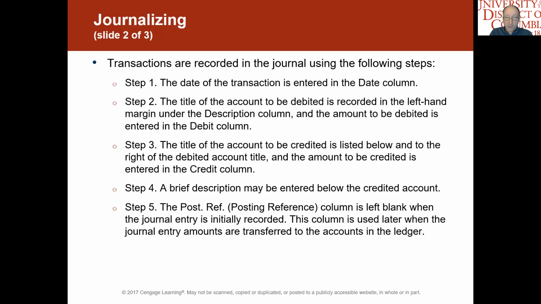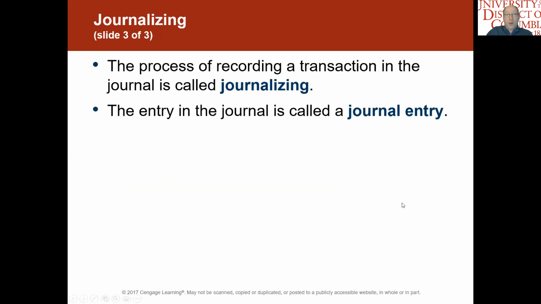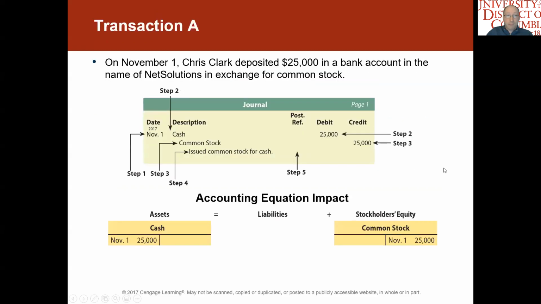You think of it like your T accounts, right? In step 4, I'll write a brief description of what the transaction is for. And in step 5, I'll do any type of referencing that may be required. This process of recording the transaction is called journalizing. The entry of the journal is called a journal entry.